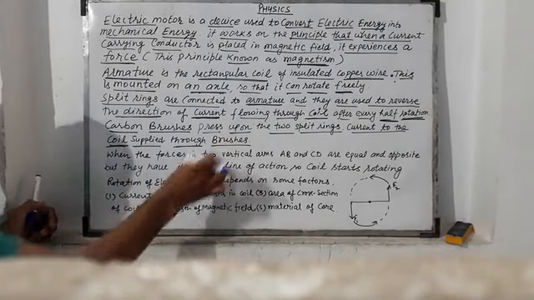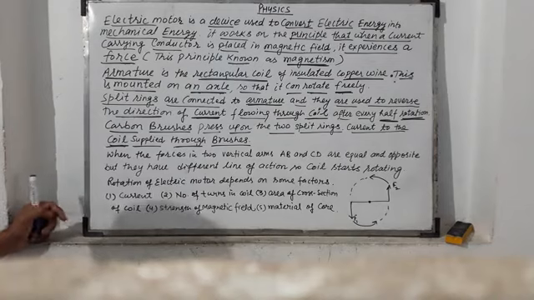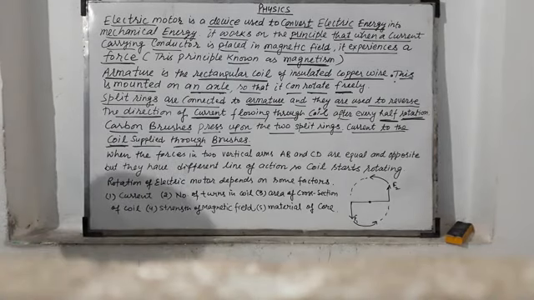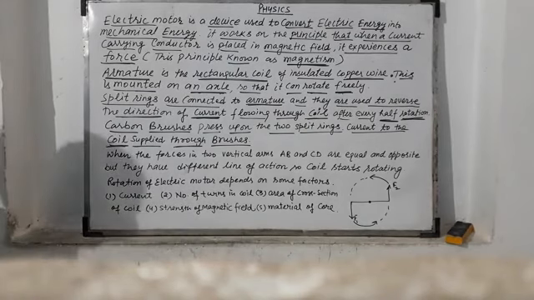Without carbon brushes, if we supply the current, then after half rotation the wires are twisted and broken.